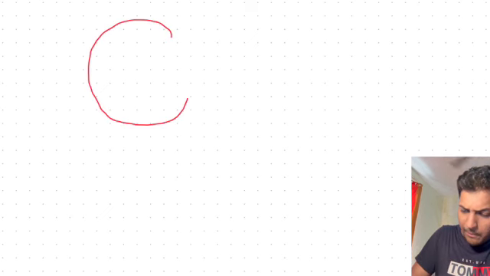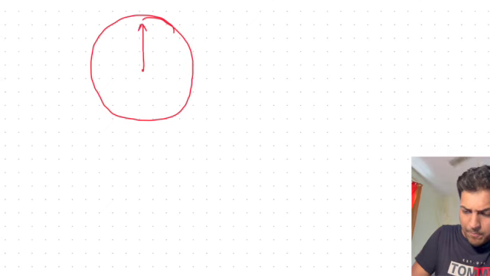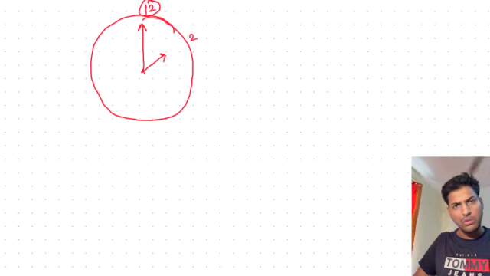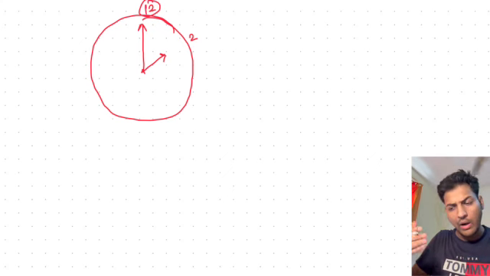Now we will understand this with a very simple example. Suppose the time is 2 p.m. only. Now the simple question to you is, after 2, at what time will the minute hand and hour hand coincide?